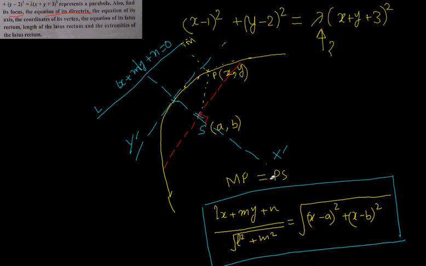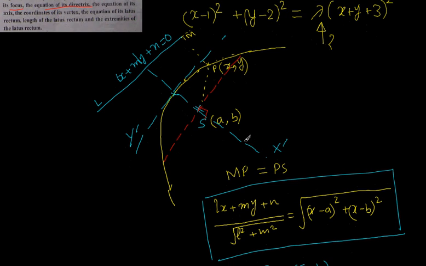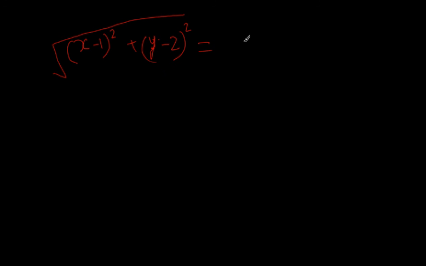Clean up this mess. Fine, I remember this one. So we have the square root of (x minus 1) square plus (y minus 2) square is equal to, if you take root lambda, root lambda times (x plus y plus 3).